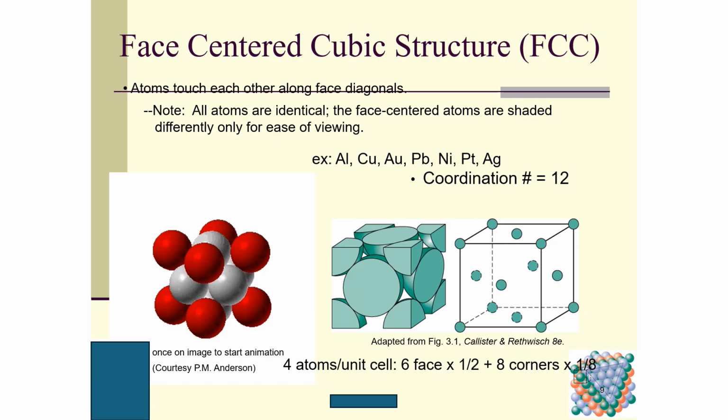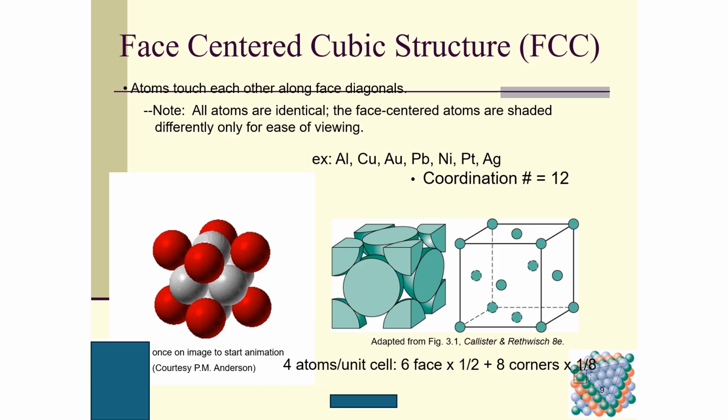Atoms touch each other along face diagonals. Note, all atoms are identical, and I assume this is a pure metal. The face-centered atoms are shaded differently only for ease of viewing. They are exactly the same. They contact each other along the diagonal line.